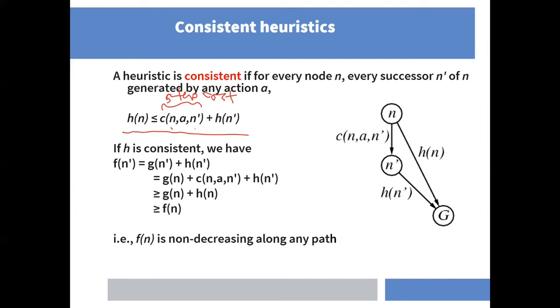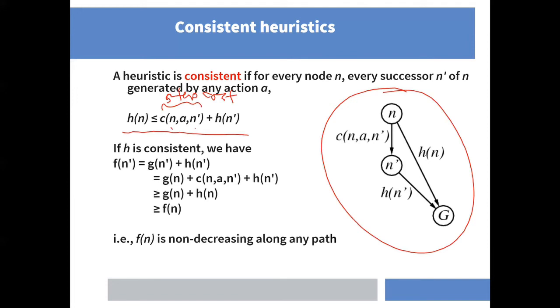This is a form of the general triangle inequality, which states that each side of a triangle cannot be longer than the sum of the other two sides. So, like shown in here.